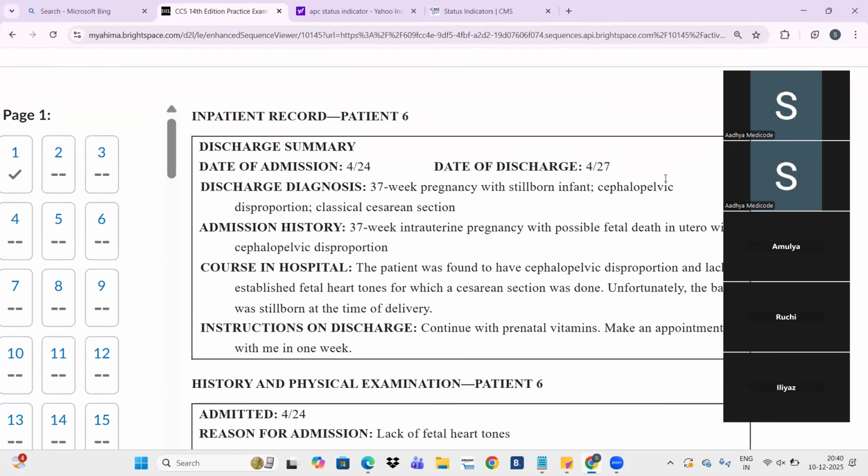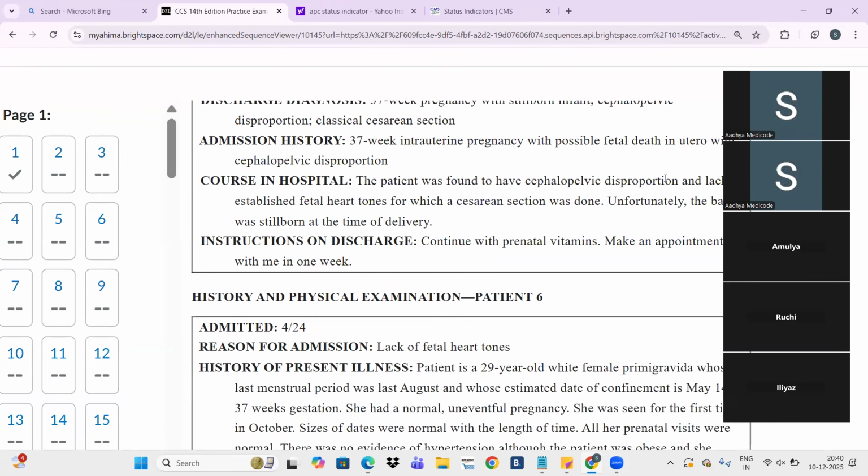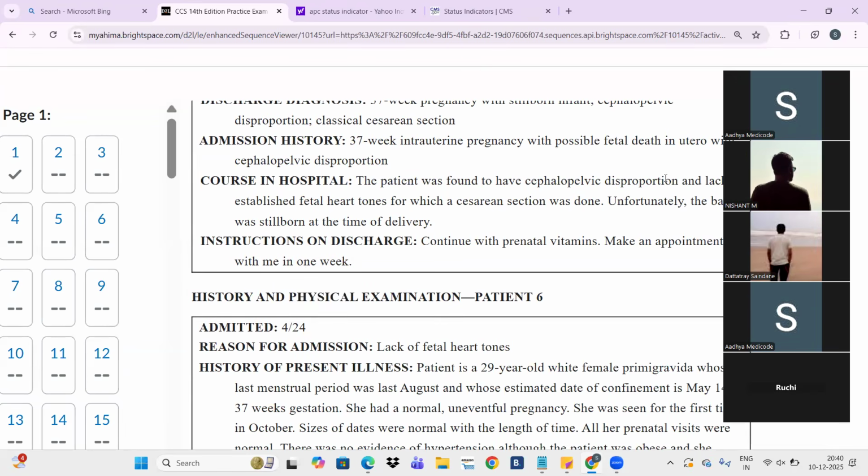That related diagnosis should be the PDX, like cephalopelvic disproportion, the documented stillborn infant, and classical cesarean section, the procedure they did. These are the diagnoses. What is the PDX here? Lack of fetal heart tone was the reason of the admission.